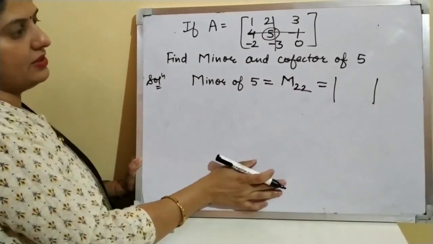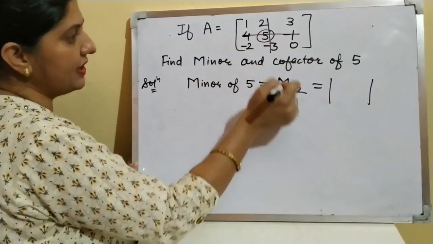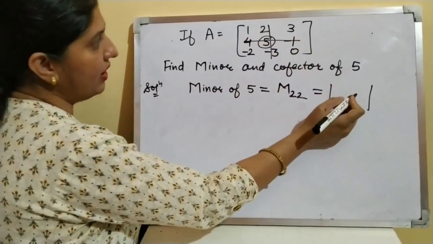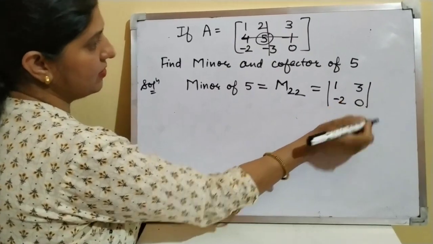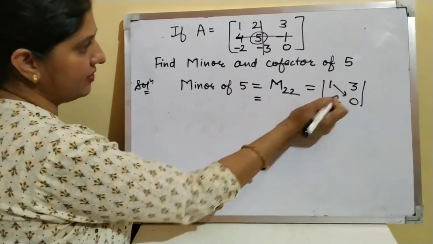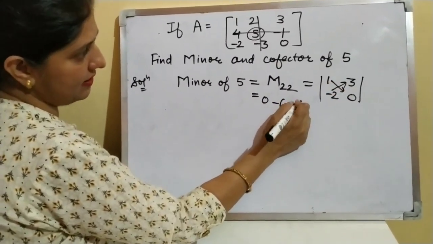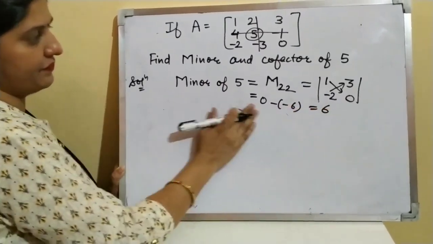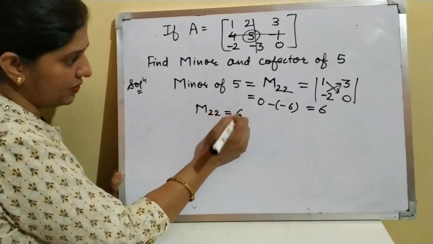Minor is a determinant of a matrix obtained by deleting second row, second column. Write all other entries as it is and simplify this determinant. We get 0 minus 6. So we get 6. In this way we get M22 is equal to 6.